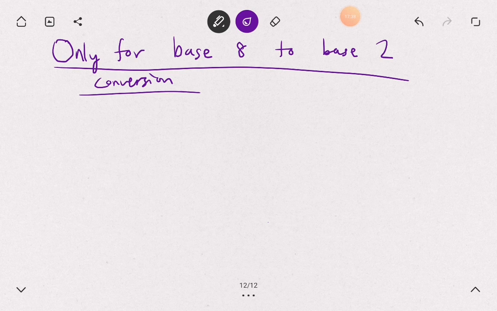Now say I have a number in base 8. The number is 115. Let me just write this. Sorry, let me just write 105. Okay, base 8. I want to change to base 2, or binary.